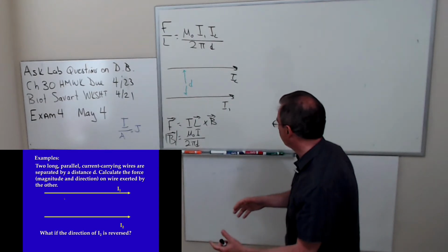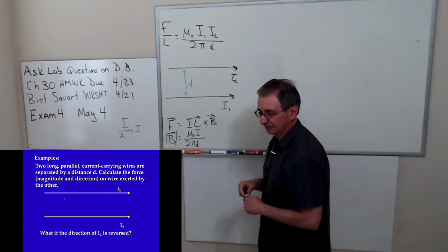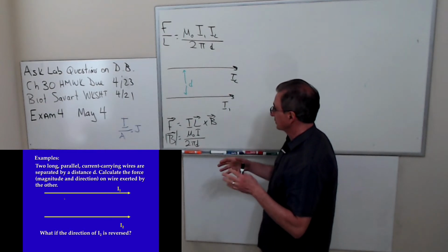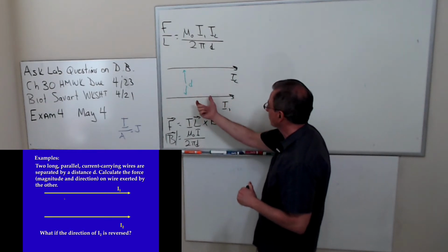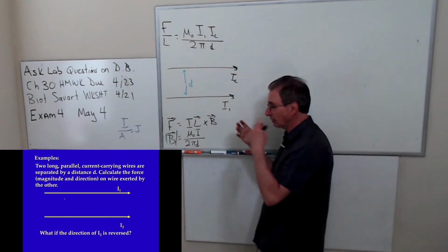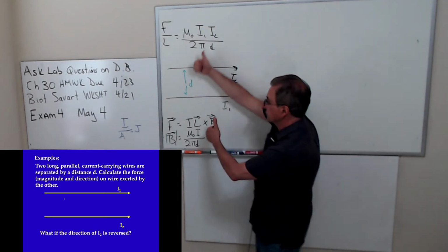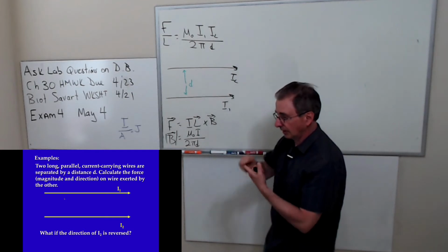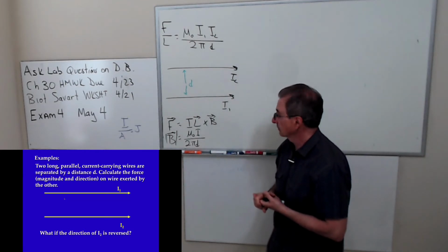And again, you can justify that for yourself using the right-hand rule. So go back, watch the video where I did this problem in detail, and then just reverse the current in one of the wires, and you'll see right away that they'll repel. So it'll go this way. It's consistent with Newton's third law.